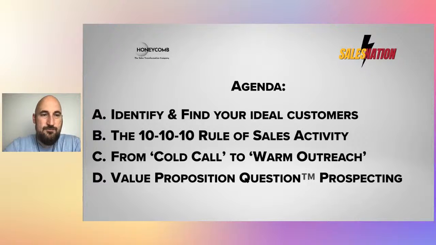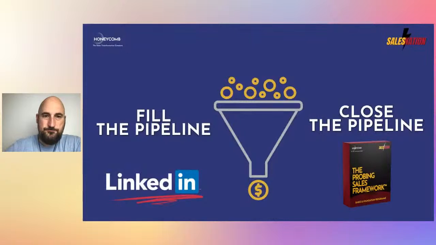Be careful with templates, don't copy them one-to-one, but I will talk you through the value proposition question design, how you can design a question with a value proposition and add that into your prospecting activities as well. That's the last part. Again, we fill the pipeline, we close the pipeline, and we focus on filling the pipeline on LinkedIn tonight.